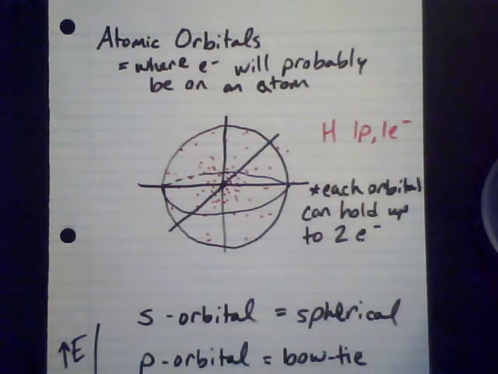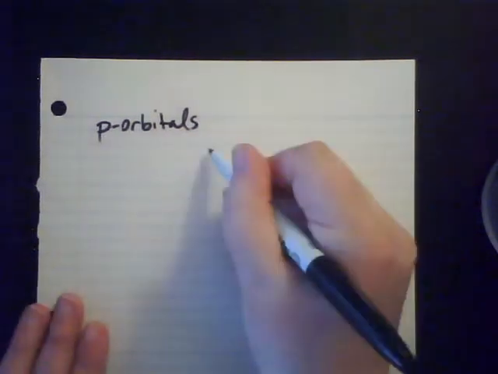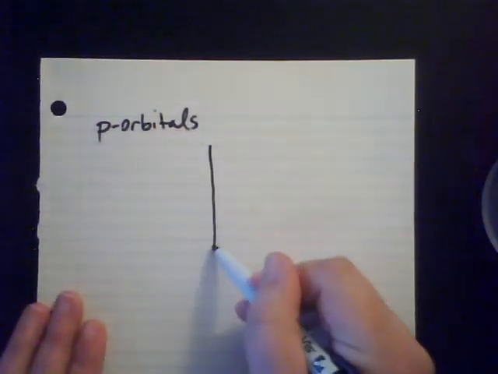So I said that I was going to draw the p orbitals, so I'm going to do that next. Let me show you what those p orbitals look like, just to give you a sense. Again, you can see better pictures of this than my terrible drawings. P orbitals are kind of bow tie shaped or dumbbell shaped. I've heard propeller also.